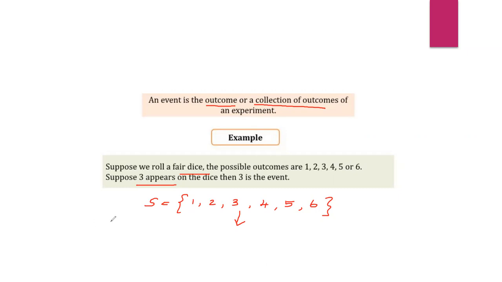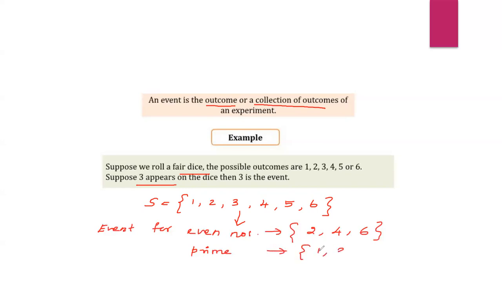In case I want to find out the event for getting even numbers, okay, event for even numbers. So what are the possibilities? What are the events? 2, 4 and 6. Likewise, in case I want to find out for prime numbers, then it is like a 1. Is 1 a prime number?